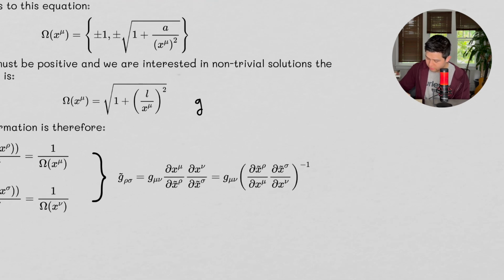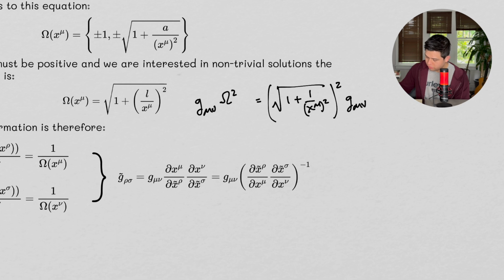So G mu nu times that squared, well, that's going to be 1 plus 1 over x mu, undo that, x mu squared G mu nu.